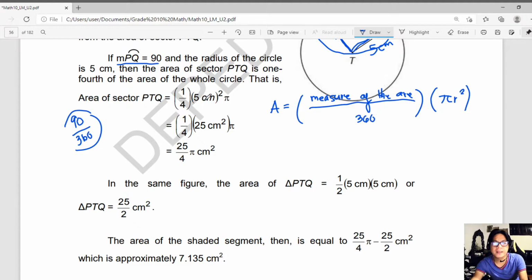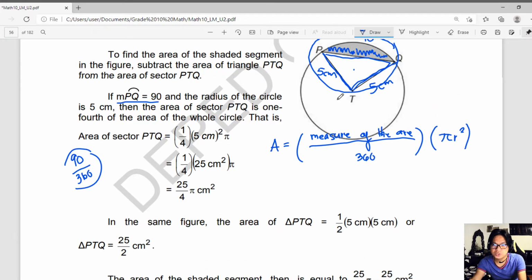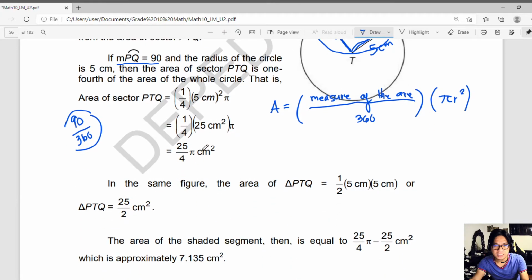So 1/4 times 5 cm, because our radius is 5 cm, so 5 cm squared, pi r squared. So 1/4, 5 times 5 is 25 cm squared pi. This is the area of the sector: 25 over 4 pi centimeter squared.